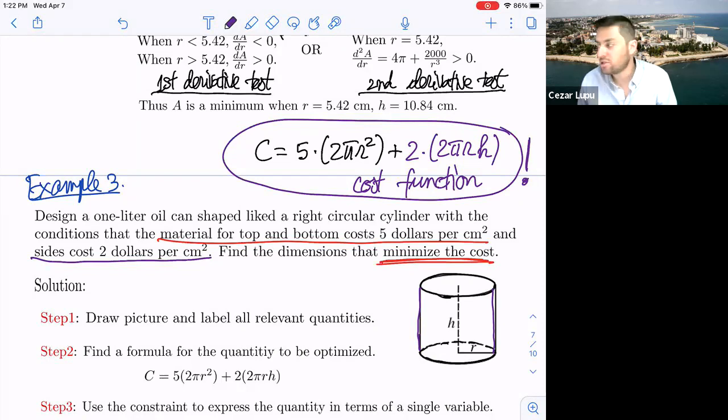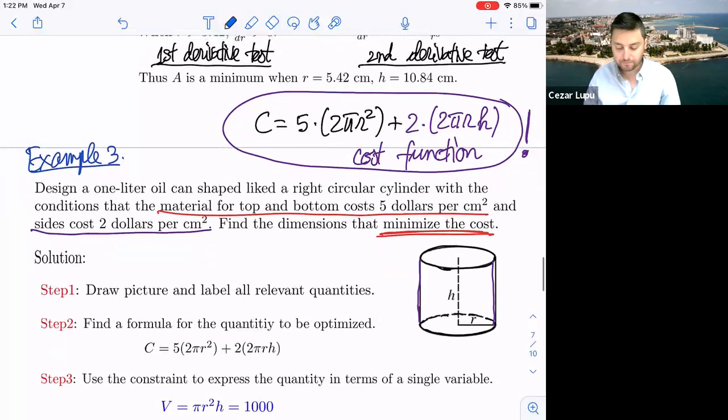Maybe we can say something about the volume. What is the volume? The volume is pi r squared times h, and we know that this is 1,000. So that's the constraint.